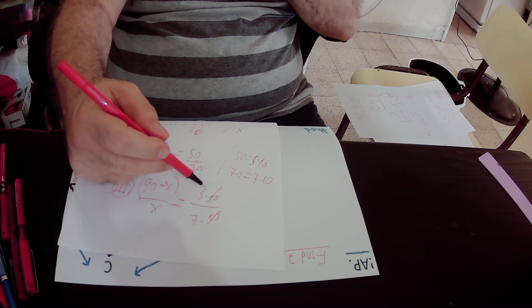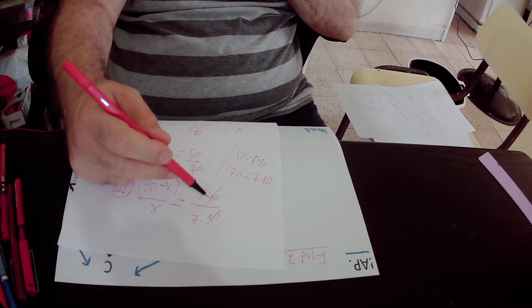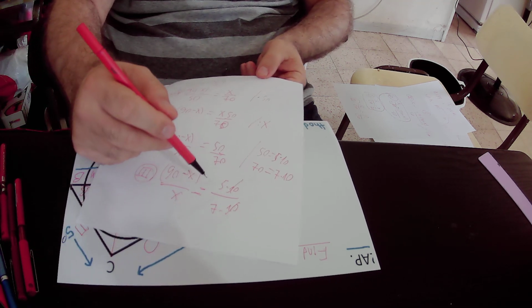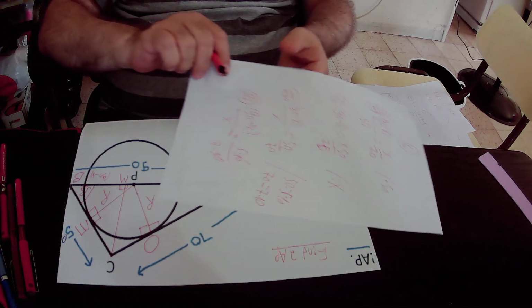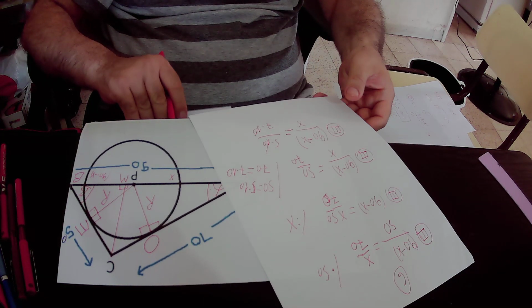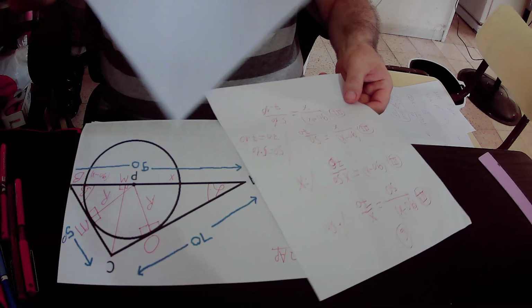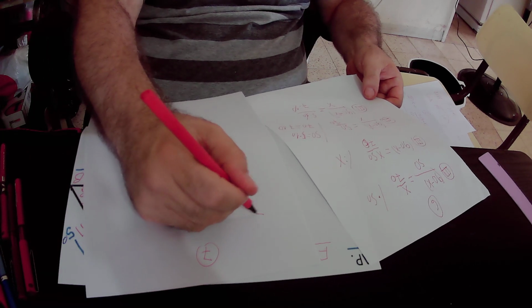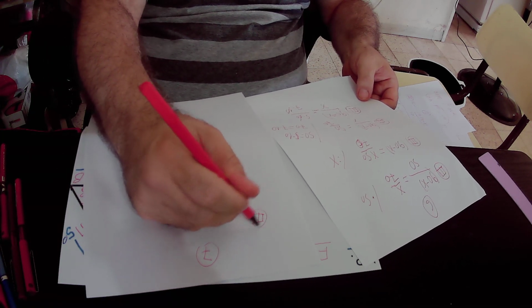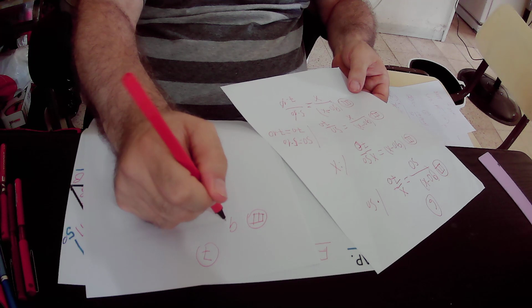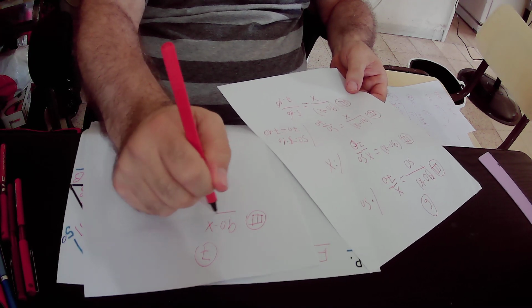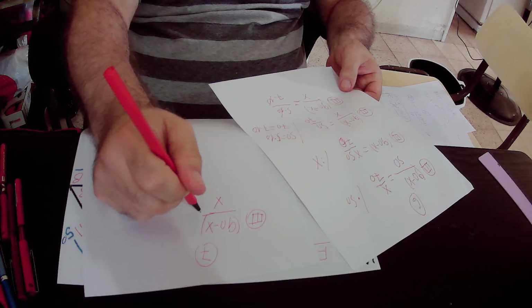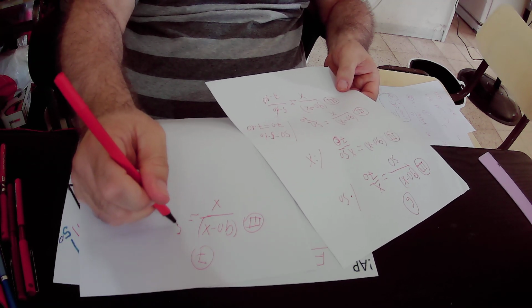Okay, so after we cancel the 10, we'll get the third equation, that 90 minus X over X equals 5 over 7.